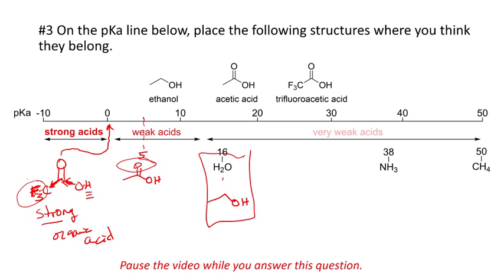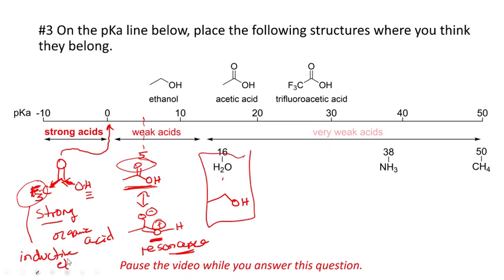Now I want to point out that it's not just induction in terms of this carbonyl group, because you know there's a resonance contributor here that gives us this picture, and that's a clue that we've got extra repulsion from that oxygen atom on that proton. And this is a resonance effect that is predominant here. That's actually why it's so far, 11 units. The other effect over here, where we have the fluorines, this is called an inductive effect.